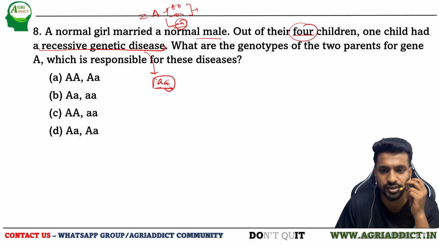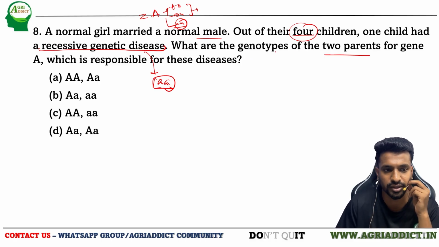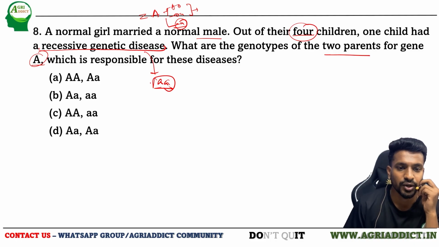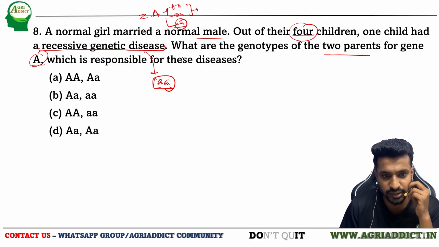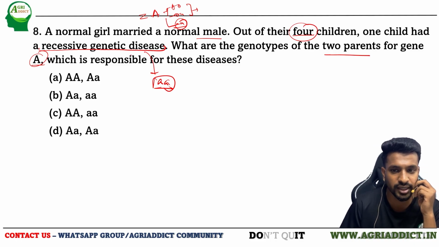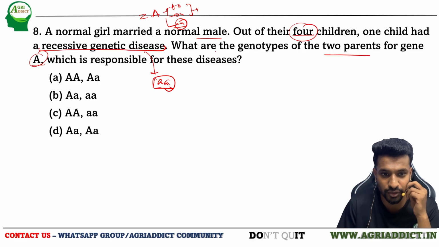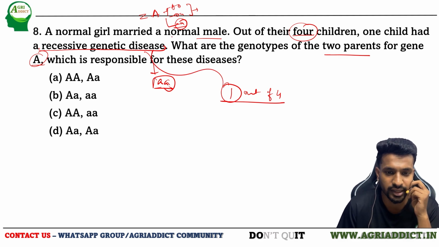Next, what are the genotypes of the two parents for the gene A, which is responsible for this disease? They are asking about the parents if in the progeny, one out of 4 children has the genetic disorder.